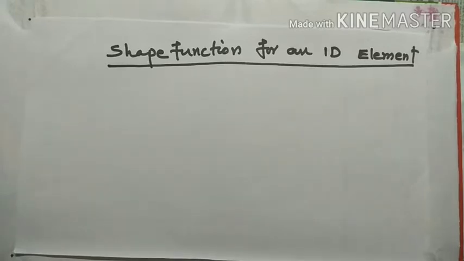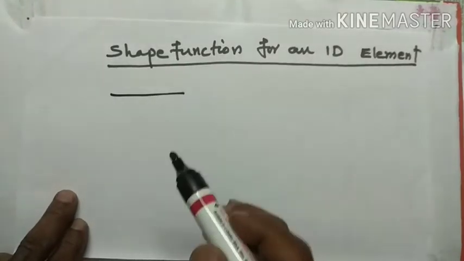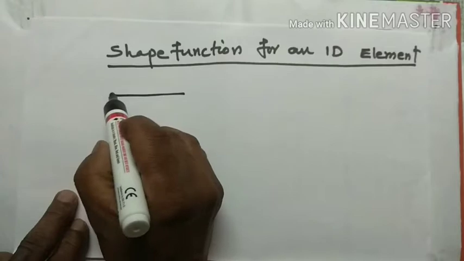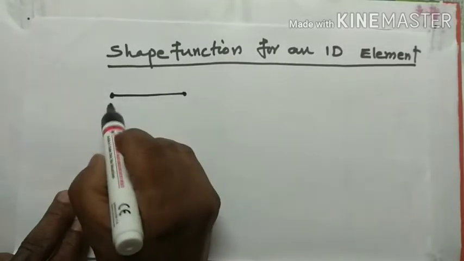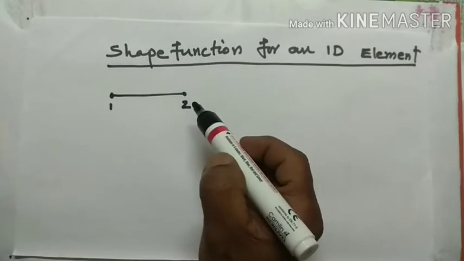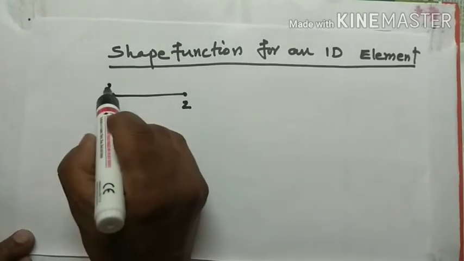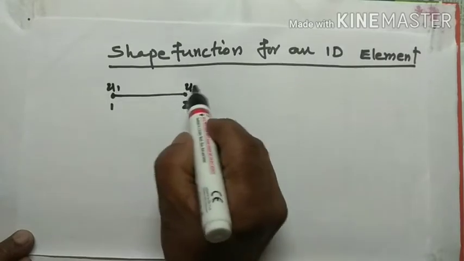In the case of one-dimensional elements, this is a one-dimensional element. This is node number 1, this is node number 2. And here the displacement is u1 and here the displacement is u2.